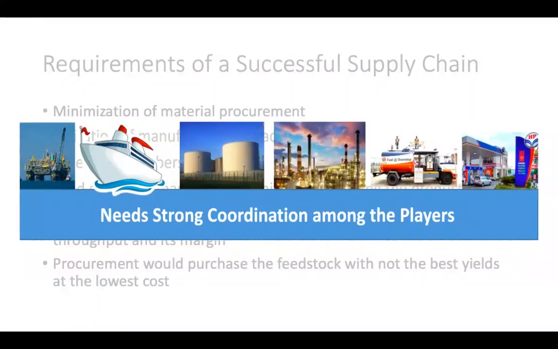It needs a strong coordination among the players, right? If there is a huge demand from the people, but crude oil is unable to produce the amount required for the demand, then the coordination is missing.